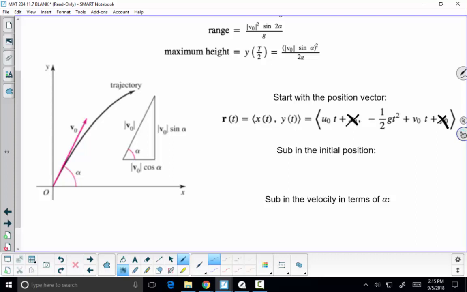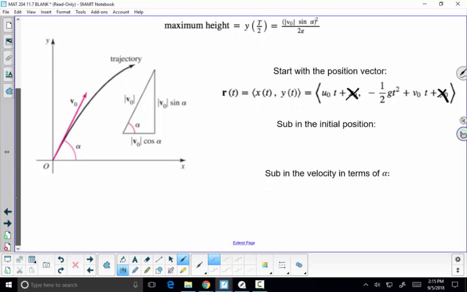So the piece that we typically will use to figure out what the period is, looking at that y value and setting it to 0 to figure out what that time value is. So let's go ahead and do that. And here, we already did these two steps. Let's just jump down to this, where we're going to write r equal to the absolute value of v naught, so the initial speed, times cosine of alpha multiplied by t.